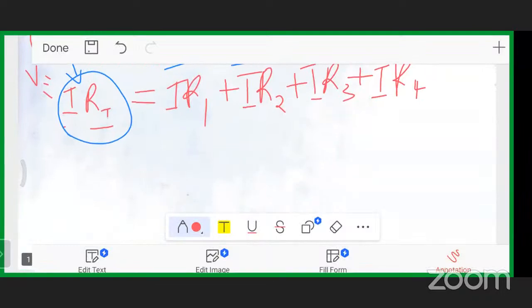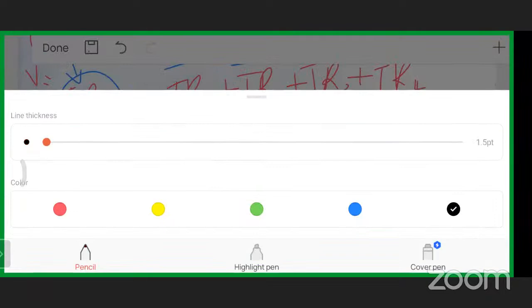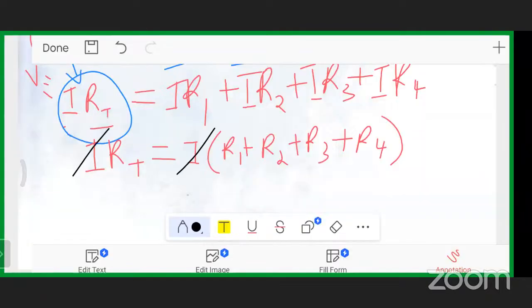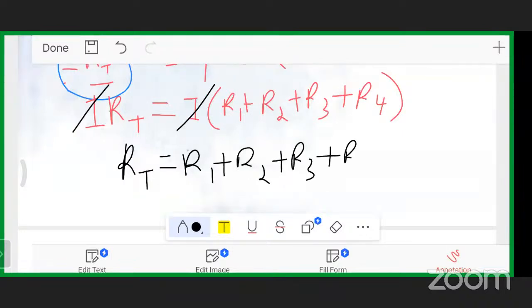So I R total, or R effective, will be equal to I times R1 plus R2 plus R3 plus R4. Then, because I is common to both sides, you can cancel it, and you remain with RT equal to R1 plus R2 plus R3 plus R4.